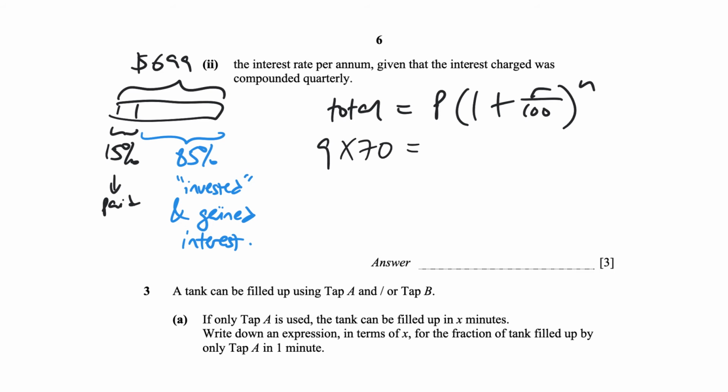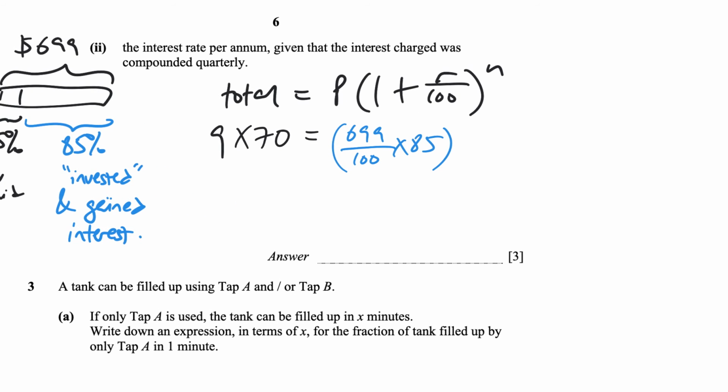The principal sum that was invested, quote unquote, was actually 85% of $699. So we can say $699 divided by 100 times 85. That's the amount that was invested, not really by you, but by the company, so that they can get interest and you pay the interest. And then what is the interest rate? We don't know.